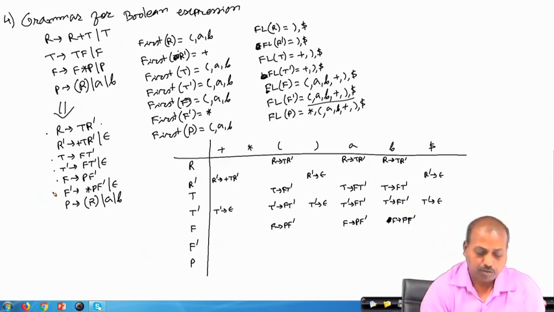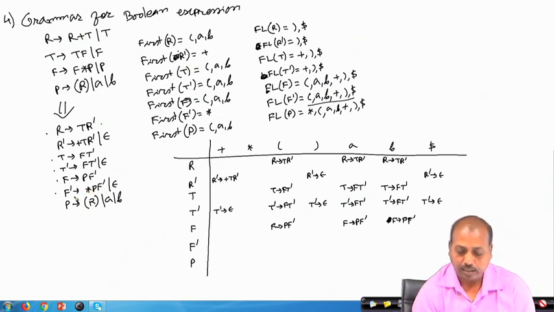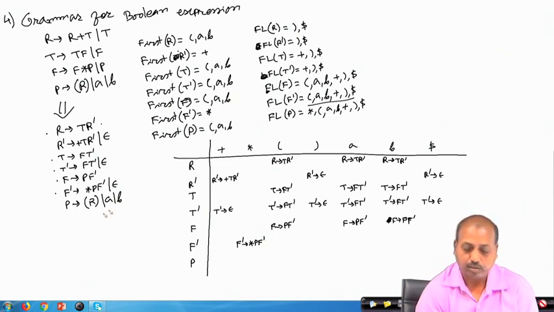Now, coming to this rule, first contains star. So, under star I should have the rule F dash producing star P F dash. Now, this F dash producing epsilon. So, I have to look into the follow set of F dash.